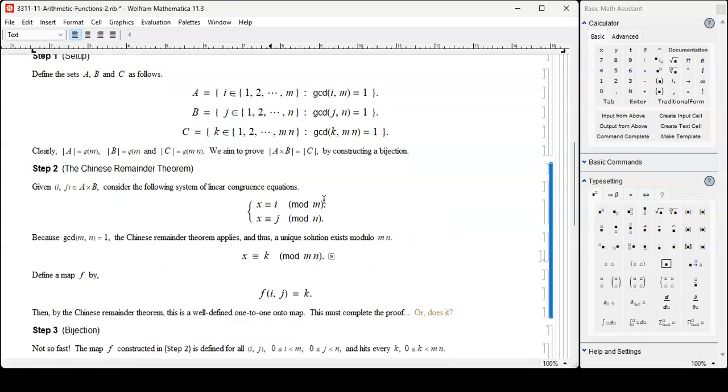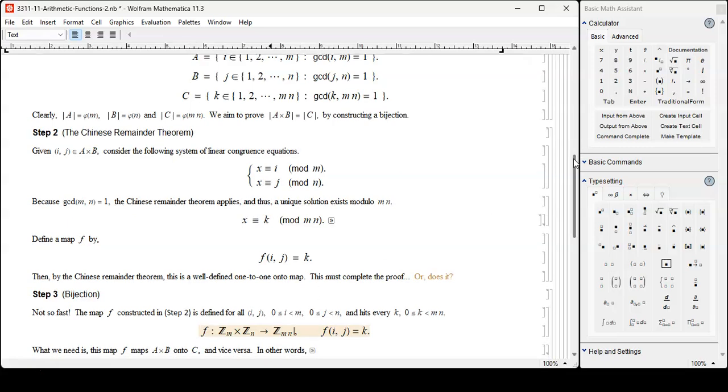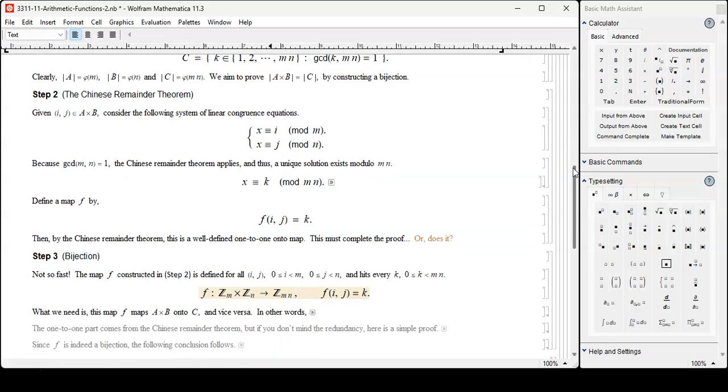You see, we are using mod m and mod n and mod m times n, and those are for Zm, Zn, and Zmn. i goes from 0 to m minus 1, j goes from 0 to n minus 1, k goes from 0 to mn minus 1. And we just defined a one-to-one onto bijection from Zm cross Zn onto Zmn through this Chinese remainder theorem.